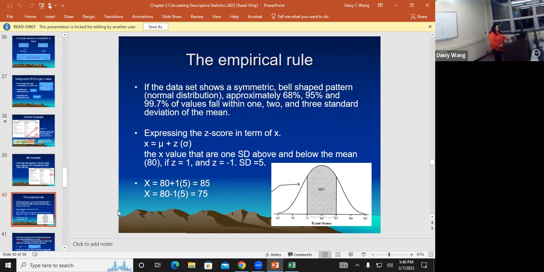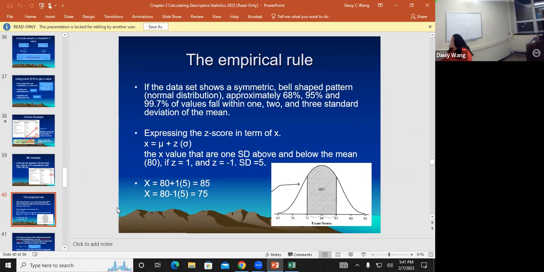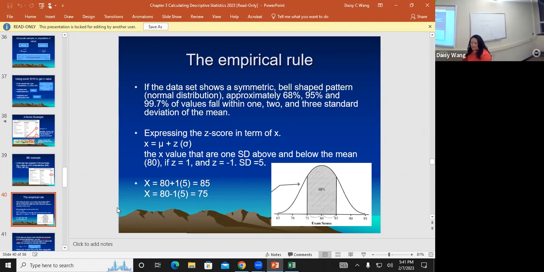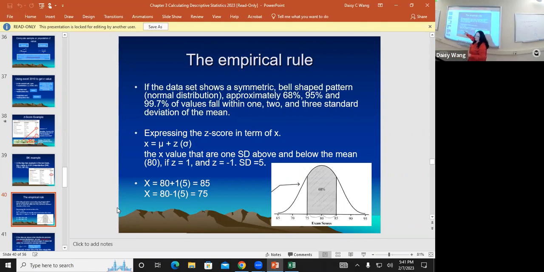Okay, so if we know the average is 80, and we know the standard deviation is 5, how do we know the range of scores for 95% of students? 95% will be plus minus 2 standard deviations, so it will be plus minus 10.